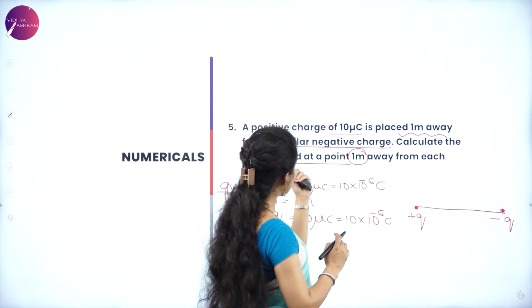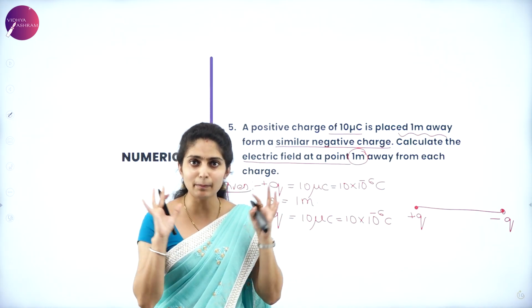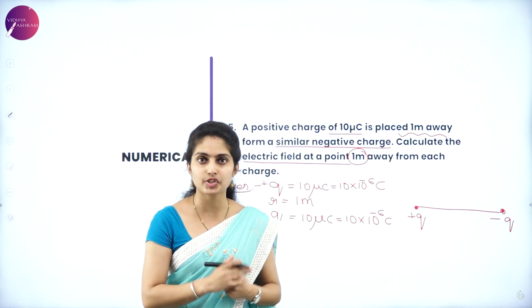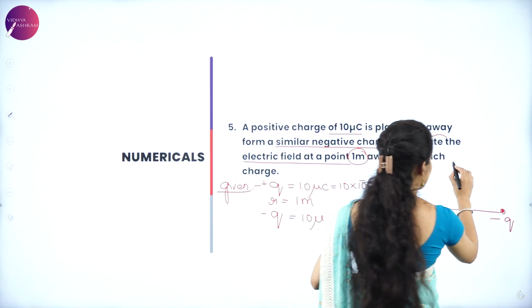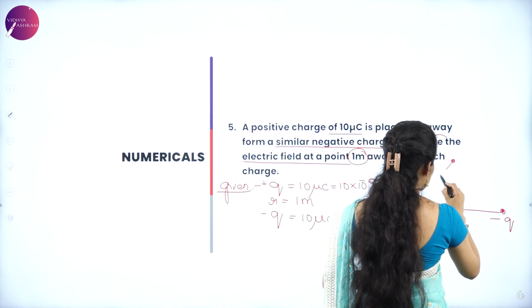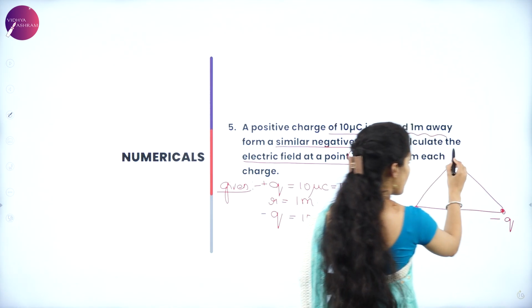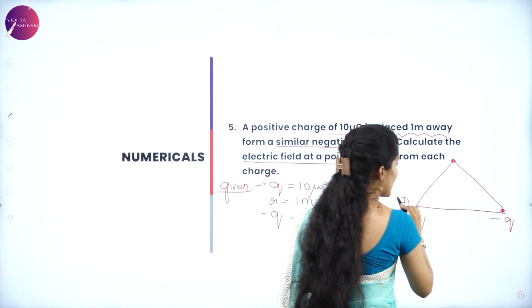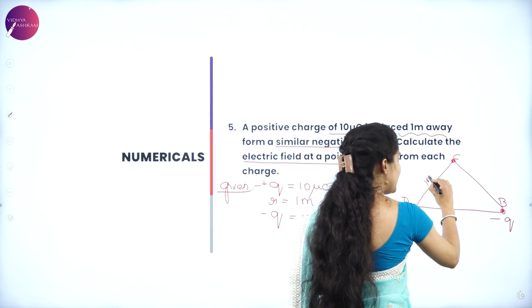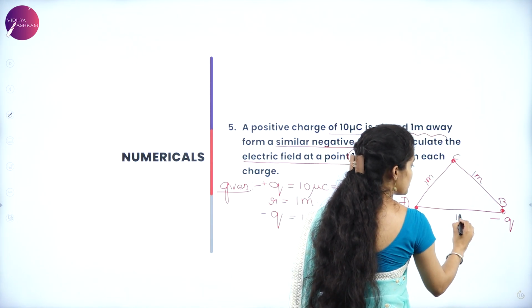We have to calculate the electric field at some point which is 1 meter away from both the charges. When that is the case, usually in this chapter we have studied the equilateral triangle. So here there is some point which we don't know. Consider this as A, this as B and this as C, which is 1 meter away from both the charges.